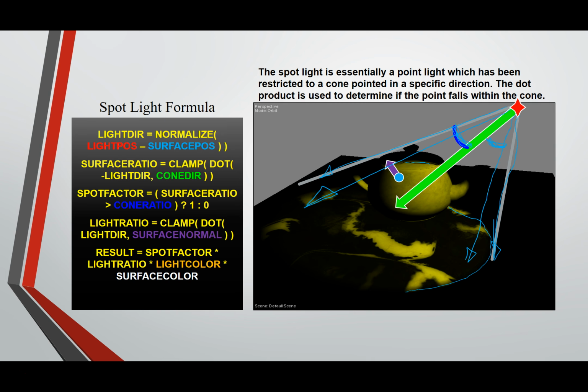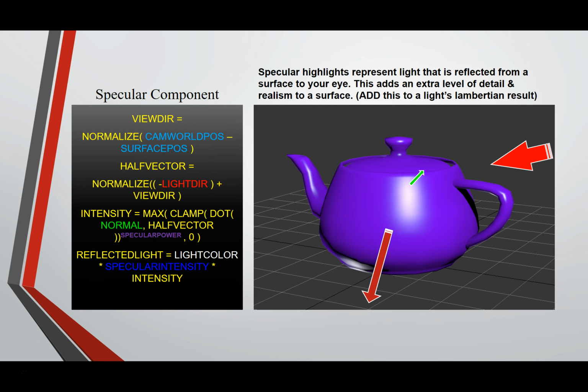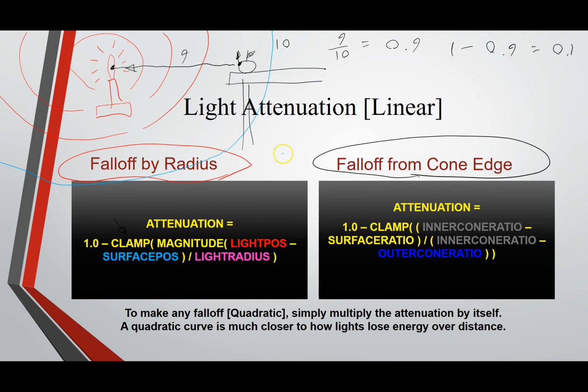And the idea here is now that we have 2 cones, we can say if something is inside the interior cone, it gets the full amount of light, minus possibly this radius falloff.